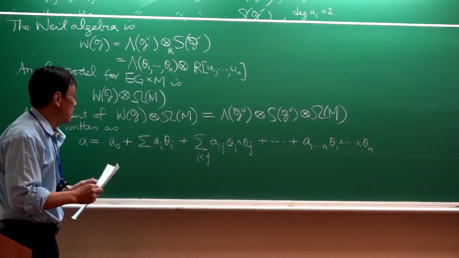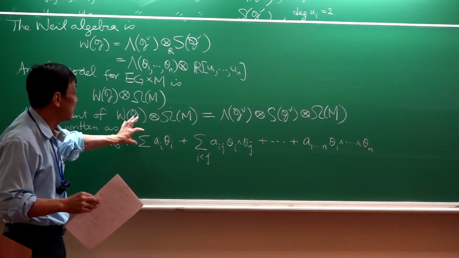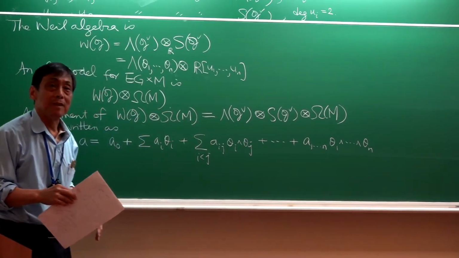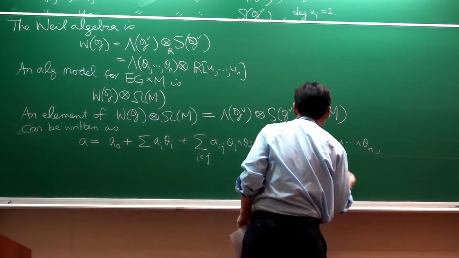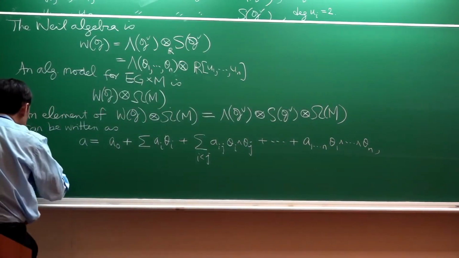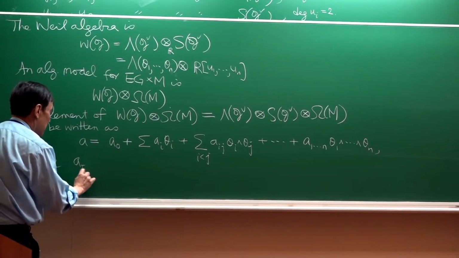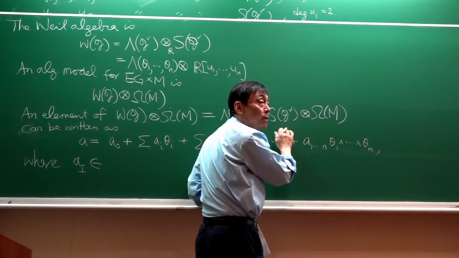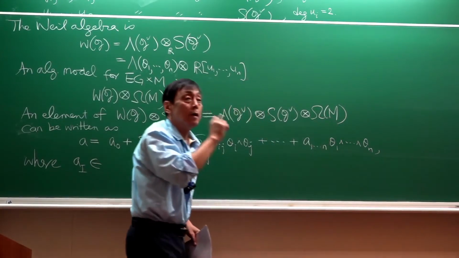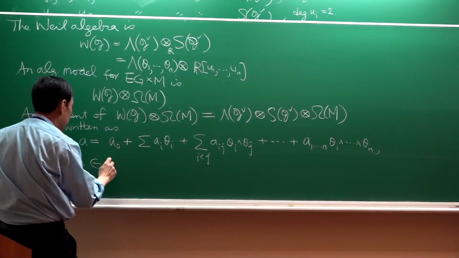So you can write out the terms in terms of the number of thetas that they have. And then these A I's, they are polynomials in U with coefficients in the forms.